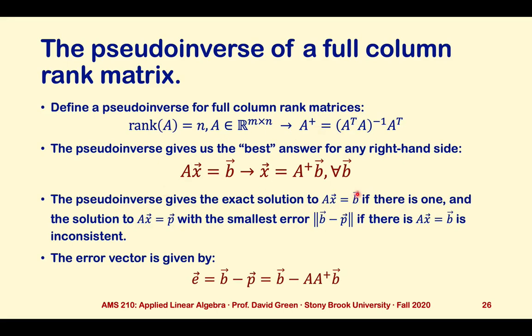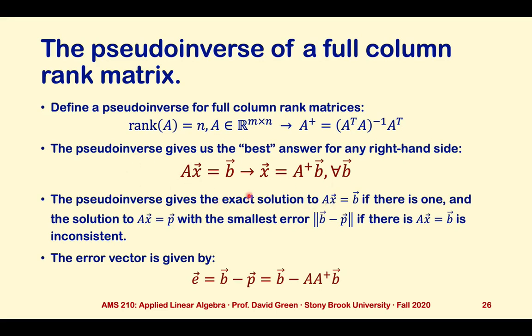When there is an exact solution, this result will give us that solution. We know that the pseudo-inverse becomes the inverse when it is square and full rank. When it's non-square but full column rank and b is in the column space, the projection of b onto the column space just gives us back b, and so we get the same well-defined solution.